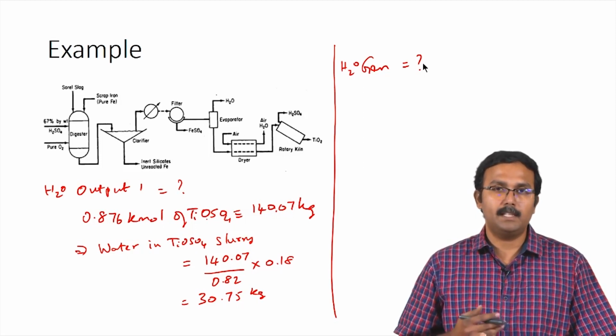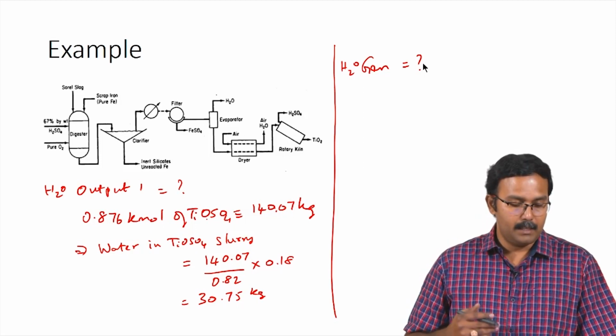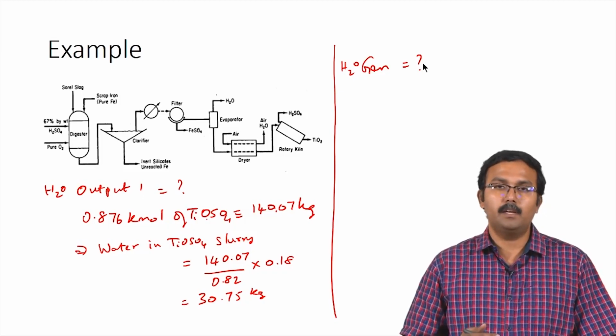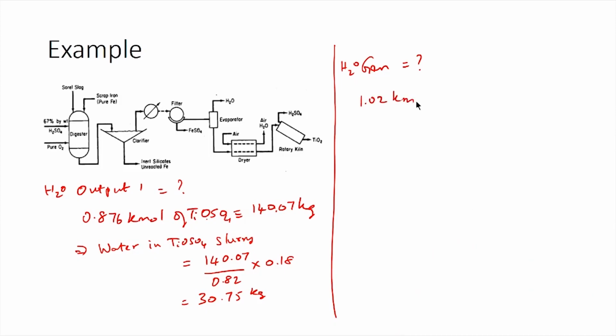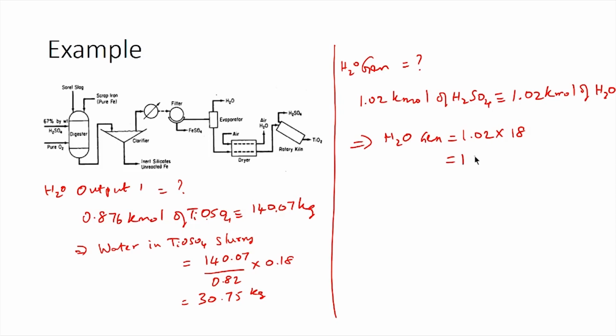Based on the information that has been given to us, we know that 1.02 kilomoles of H2SO4 has been consumed. So, 1.02 kilomoles of H2SO4 consumed would have resulted in the formation of 1.02 kilomoles of water. So, water generated would be equal to 1.02 times 18, giving you a value of 18.36 kilograms.